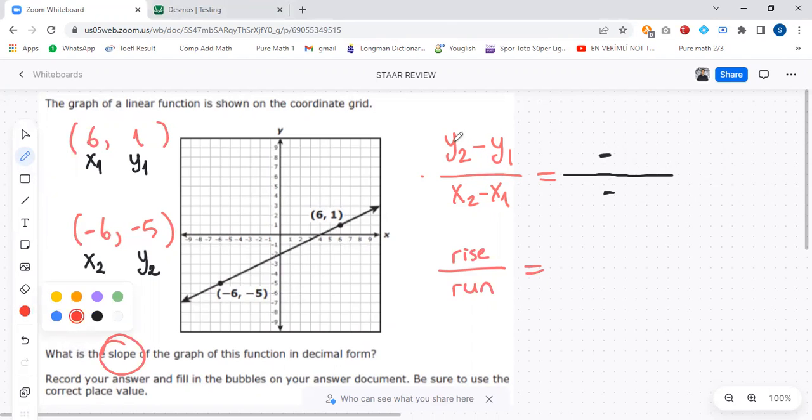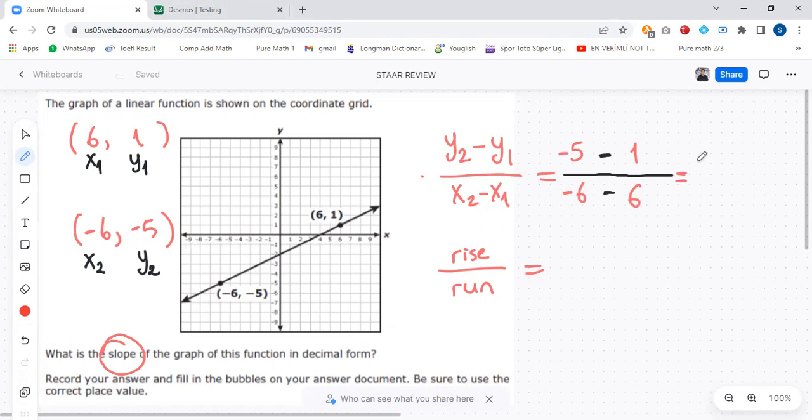Okay, what is y2? y2 is -5, right? So -5 minus, and then what is y1? y1 is 1. And then what is x2? x2 is -6. And x1 is 6.